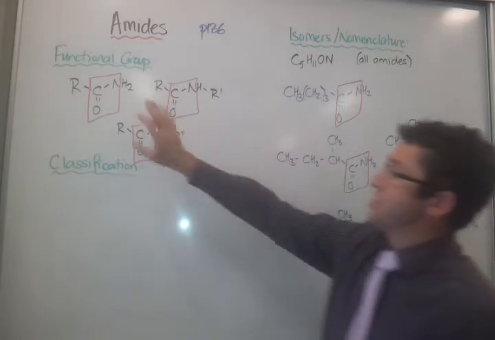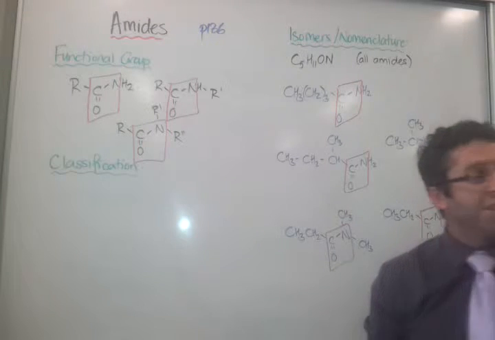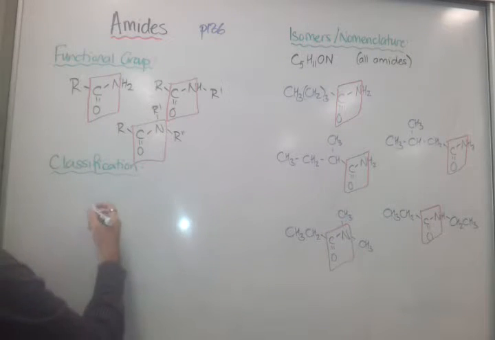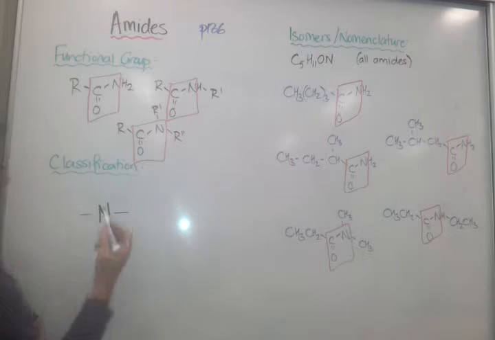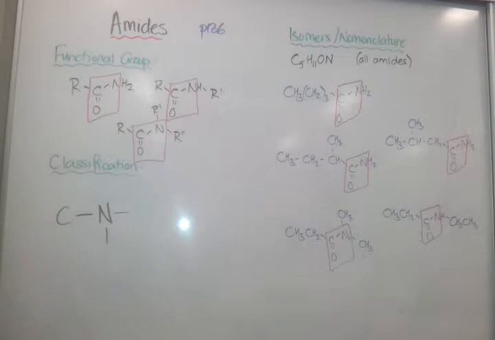So now you've seen that there's 3 different functional groups. It means that we must be able to classify them as either primary, secondary or tertiary. So just like amines, you're always looking at nitrogen as your central atom. If your nitrogen has got 1 carbon bound to it, so we're looking at this bond here, then it's going to be a primary.